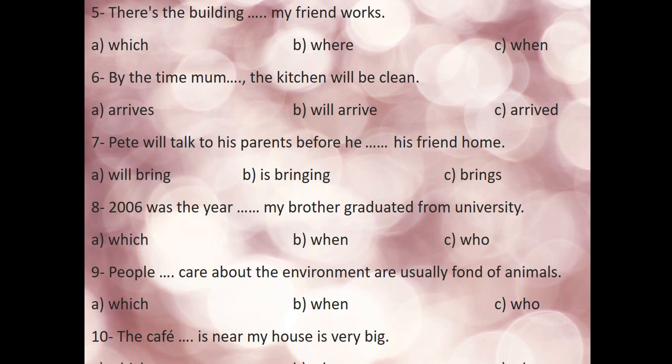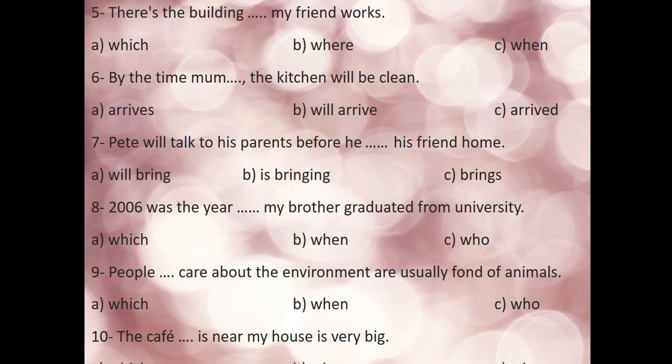Number 8: 2006 was the year when my brother graduated from university. So here I'm talking about time. I'll use when. Number 9: people who care about the environment are usually fond of animals.